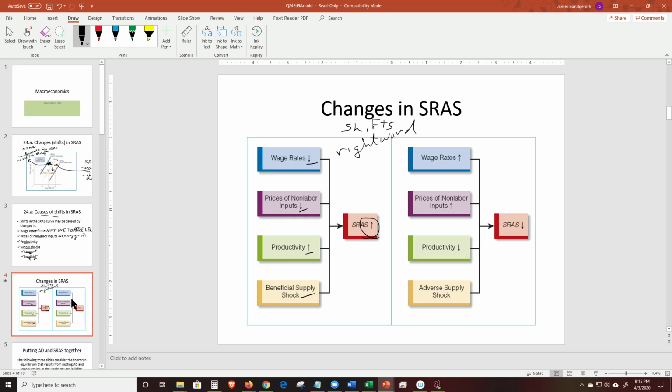Okay, so then these are leftward shifts, okay? If wage rates increase, if oil prices go from $20 to $200, I suppose, that would be more like an adverse supply shock. But non-labor things, productivity decreases. These would shift the supply curve to the left. All right.